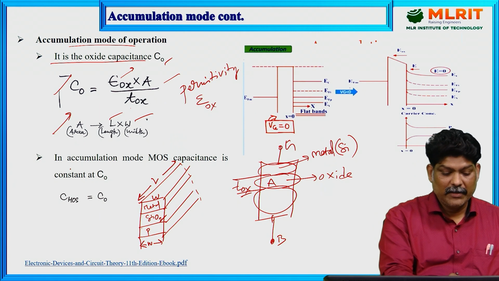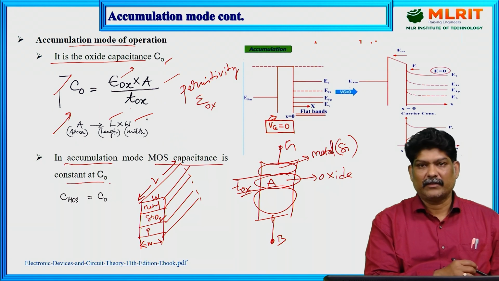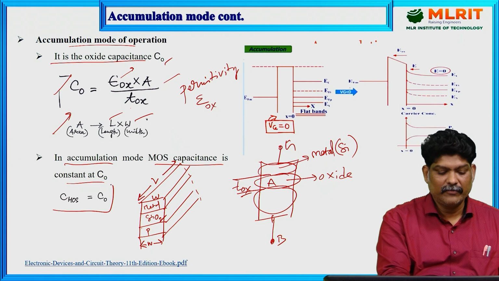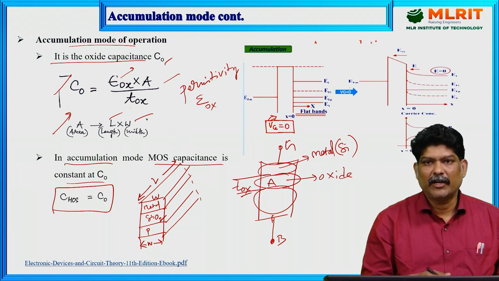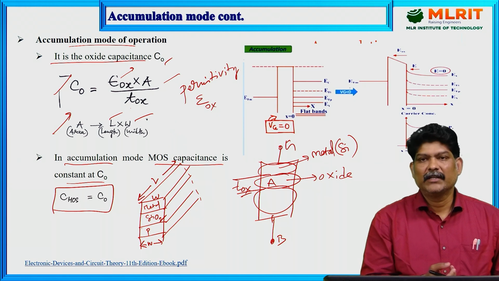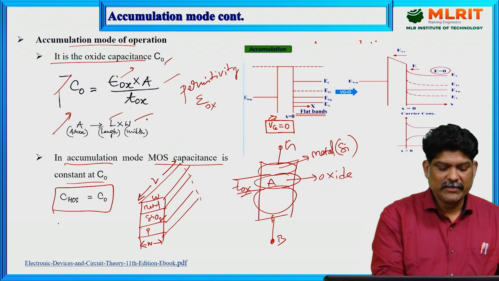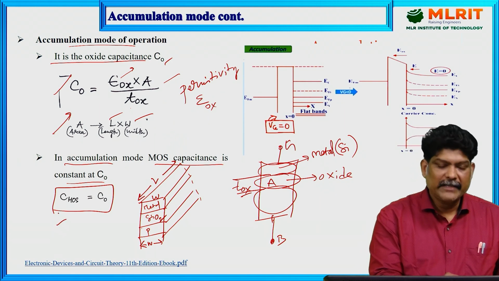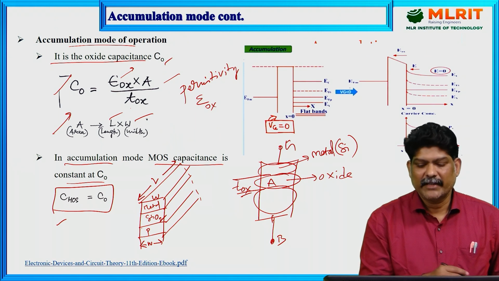In accumulation mode, the MOS capacitance is constant at C naught, so overall the MOS capacitance is almost equal to the oxide capacitance. That is C max: the capacitance of the MOS capacitor equals the oxide capacitance.